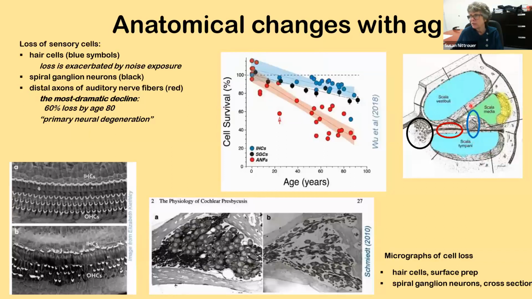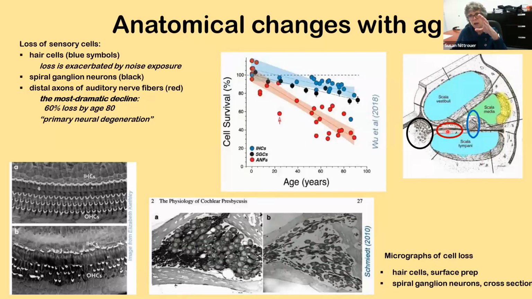The number of cell bodies for the auditory nerve fibers in the spiral ganglion also declines. These are the little black circles here, the spiral ganglion cells. But you can see that what declines most, to the greatest extent, are the auditory nerve fibers themselves.